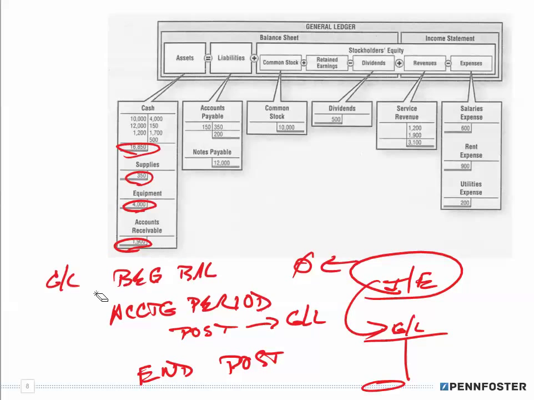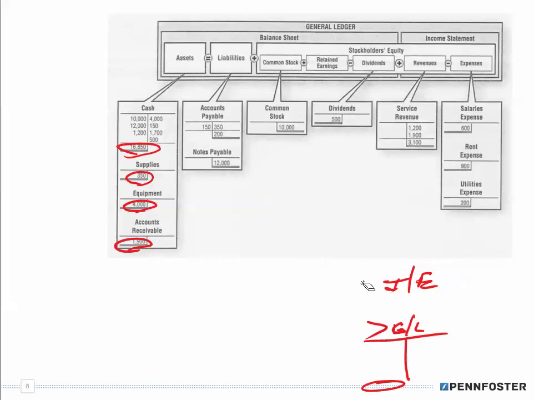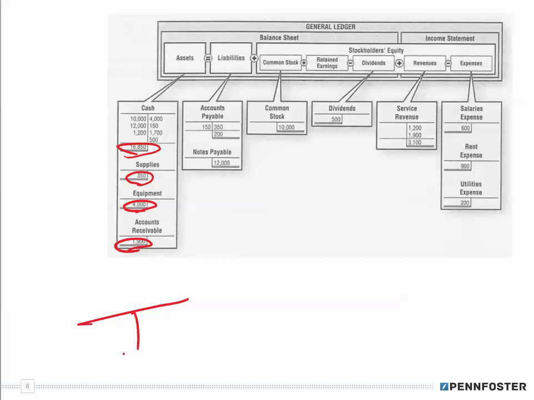Now, again, during the month, you don't have to post. But if you want to know what the balance in an account is, you should use a T account in order to be able to figure out the balance in that specific account. But regardless, when you get to the end of the accounting period, all of your journal entries have to be posted into the ledger accounts.